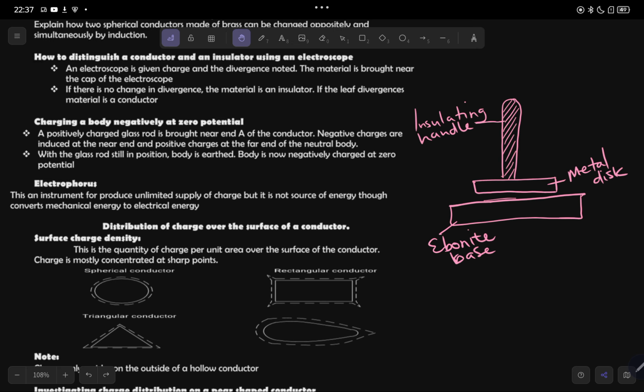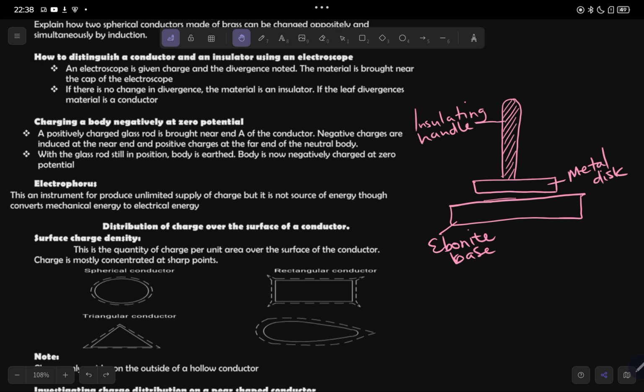So if you bring what you want to test near the cap of the gold leaf electroscope, which is already charged, and you observe a change in divergence, then you know what you're testing is a conductor. But if the leaves remain the way they are with the same divergence, even when you bring that material near the cap, then we conclude that the material we're testing is an insulator.